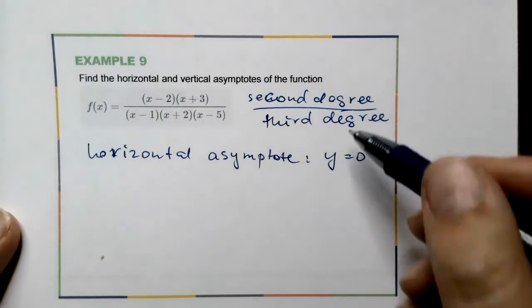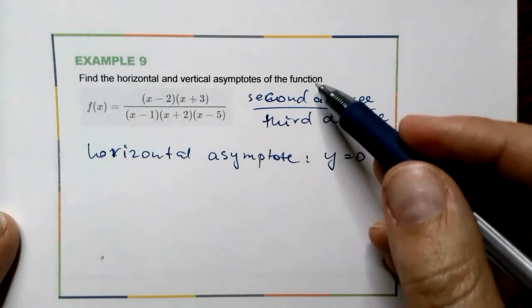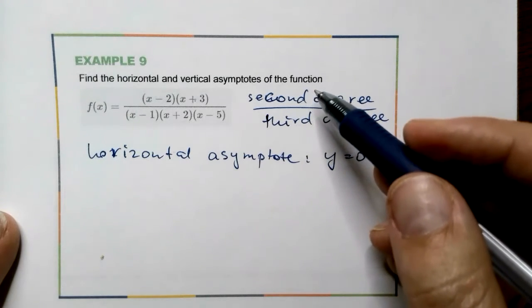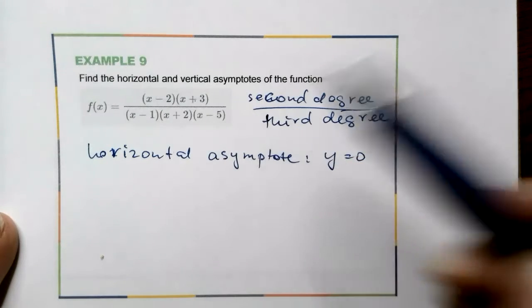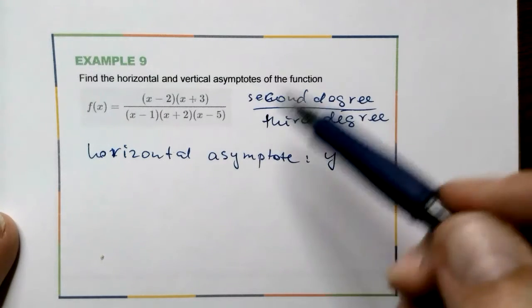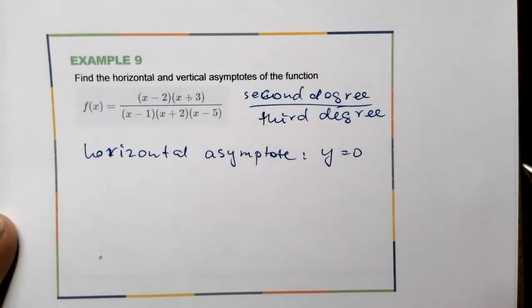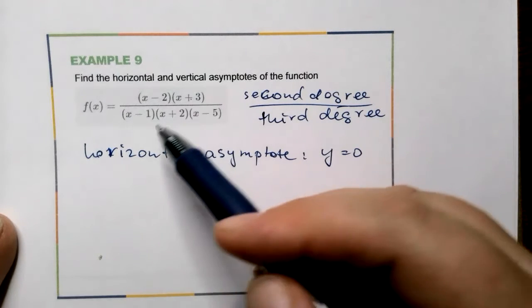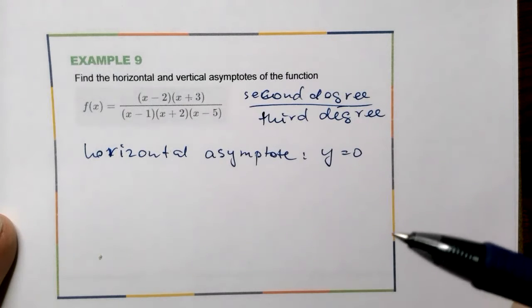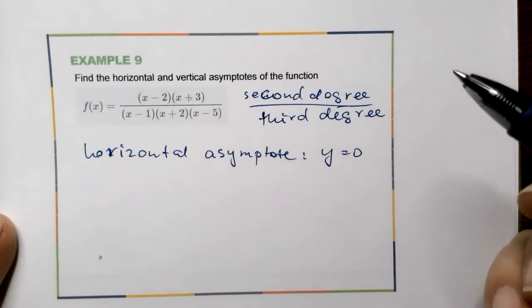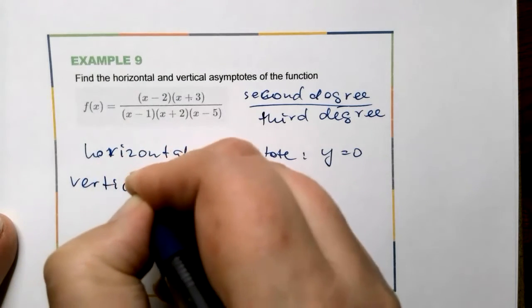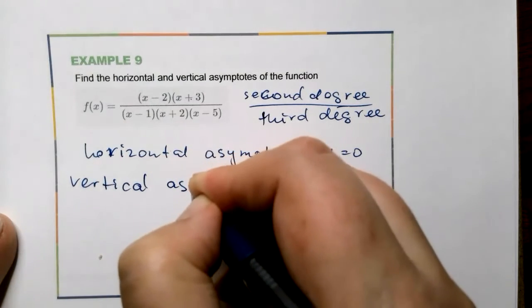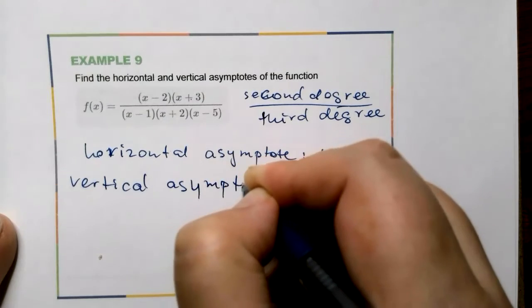Okay, what about the vertical asymptotes? Well, do we have removable discontinuity? In other words, are there factors in the numerator and the denominator that can be canceled out? And the answer is no, I don't see any that could be canceled out. So there are no removable discontinuities. So each factor of the denominator will supply a vertical asymptote. There are 3.